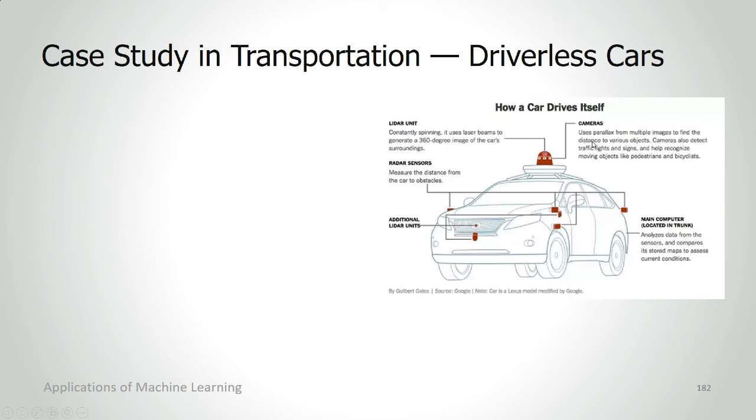A beam of light is sent out, it measures the time to get back, and you know how far the car is from the surrounding object. The camera also detects things like traffic lights and signs, and helps recognize moving objects like pedestrians and bicyclists. We'll talk about how exactly these objects are recognized. They also have radar sensors that measure the distance from the car to obstacles.